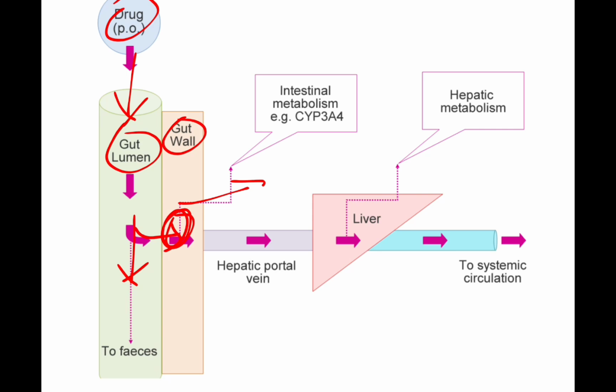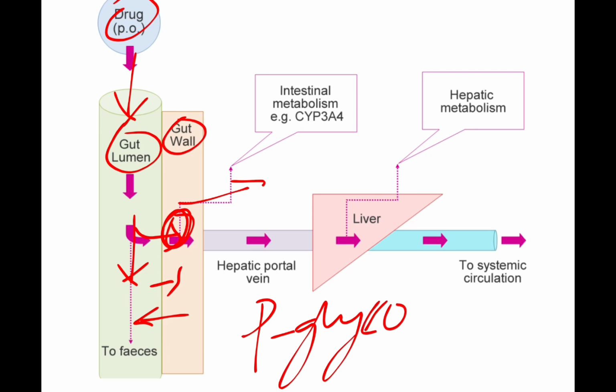Some of these drugs also do not even cross the wall because they are pumped out by what we call the P-glycoproteins. These P-glycoproteins pump drugs out into the lumen. They prevent drugs from entering the systemic circulation.